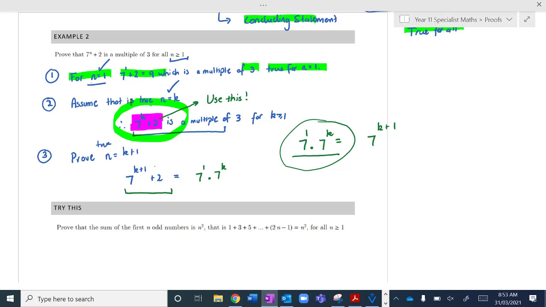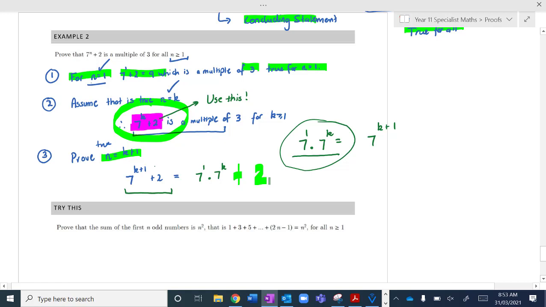Now, when we go and prove for n equals k plus 1, you can see there that I can split this up, can't I? I can split this up as 7 to the k plus 1 is 7 to the 1 times 7 to the k, and of course, plus 2. Okay?